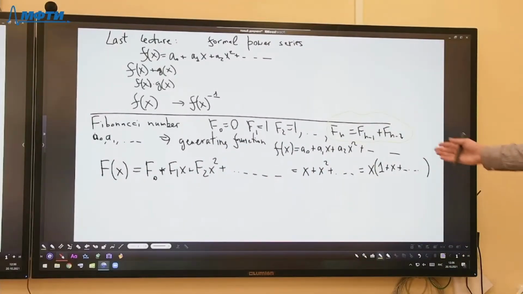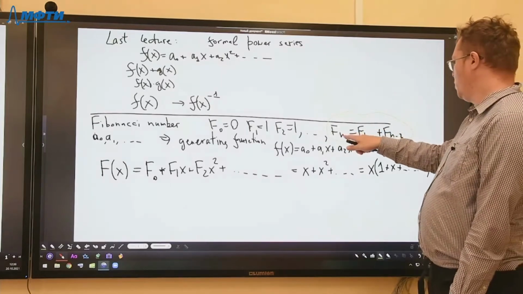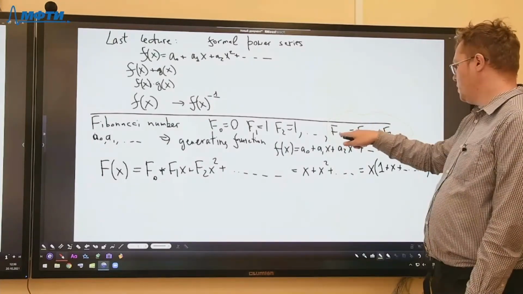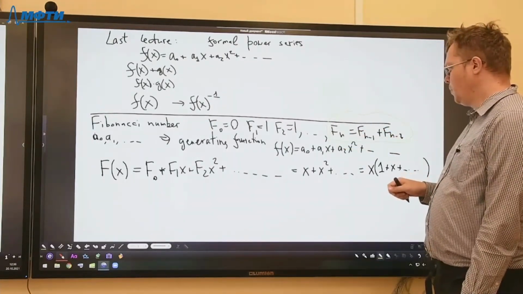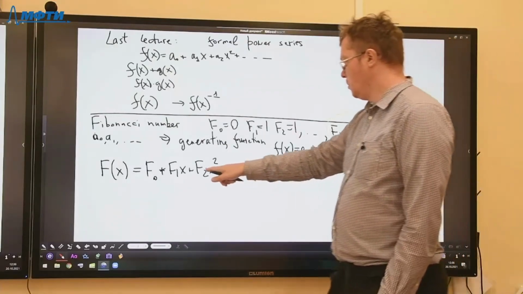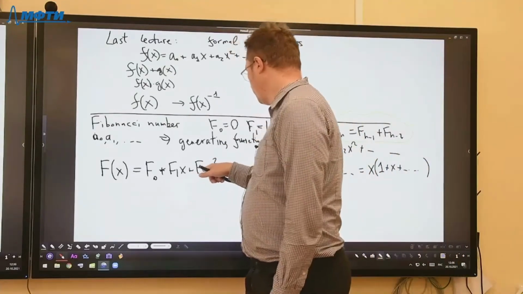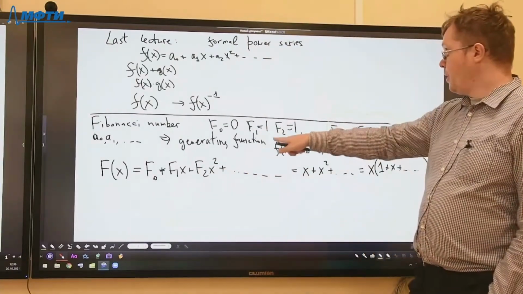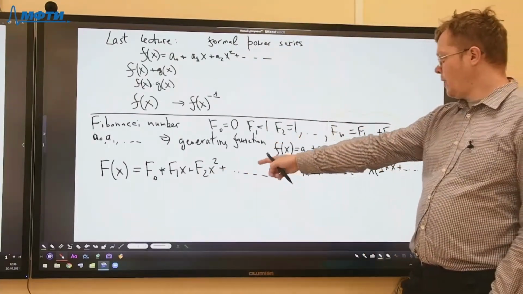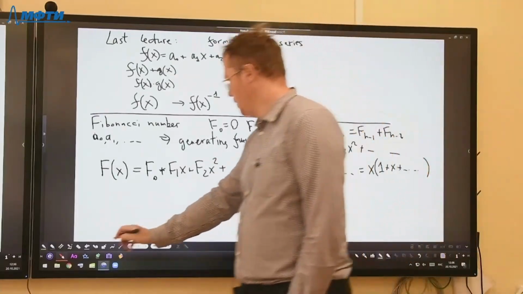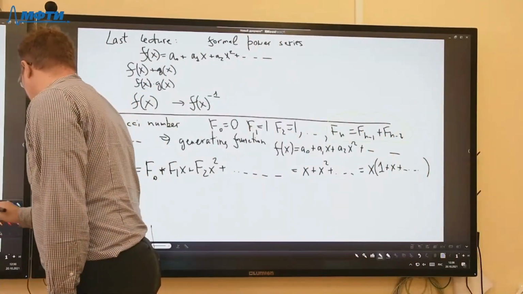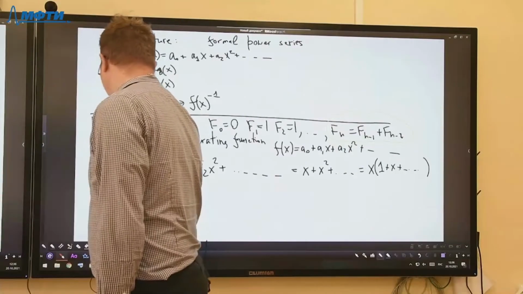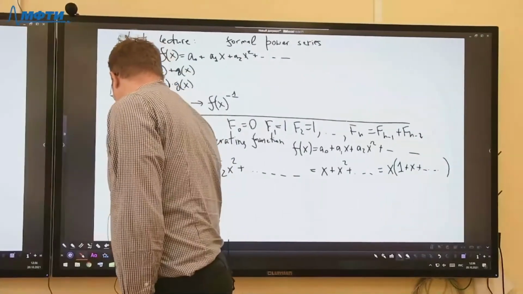If we want to use this identity, we need to have f2, f1, f0, f3, f2, f1 with the same power of x. And to do this, we can just multiply f of x by x and by x squared.